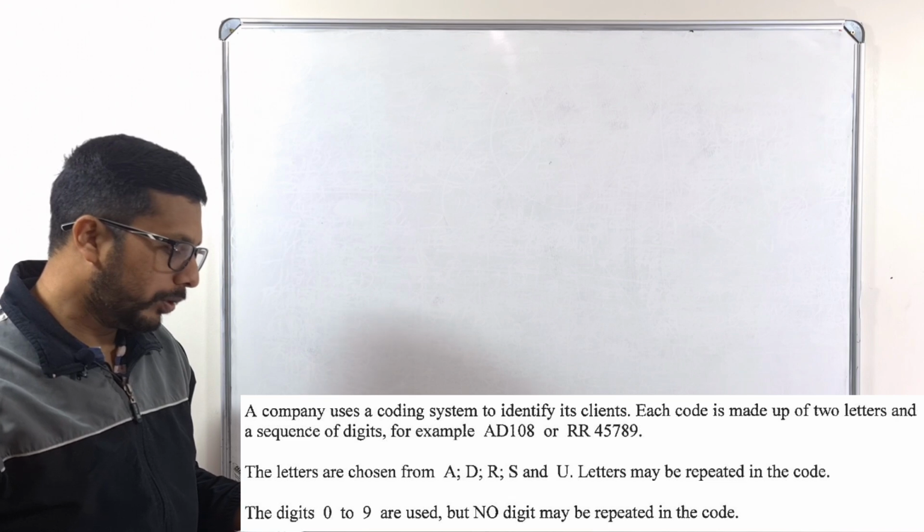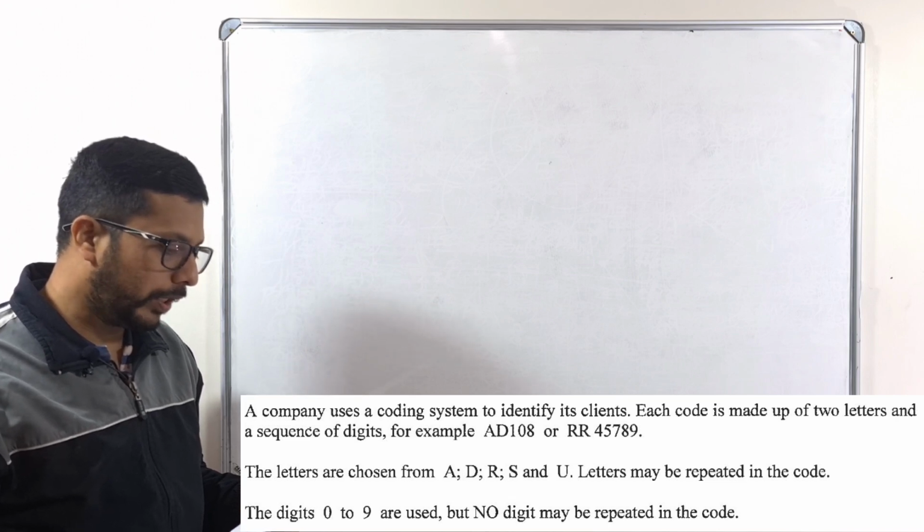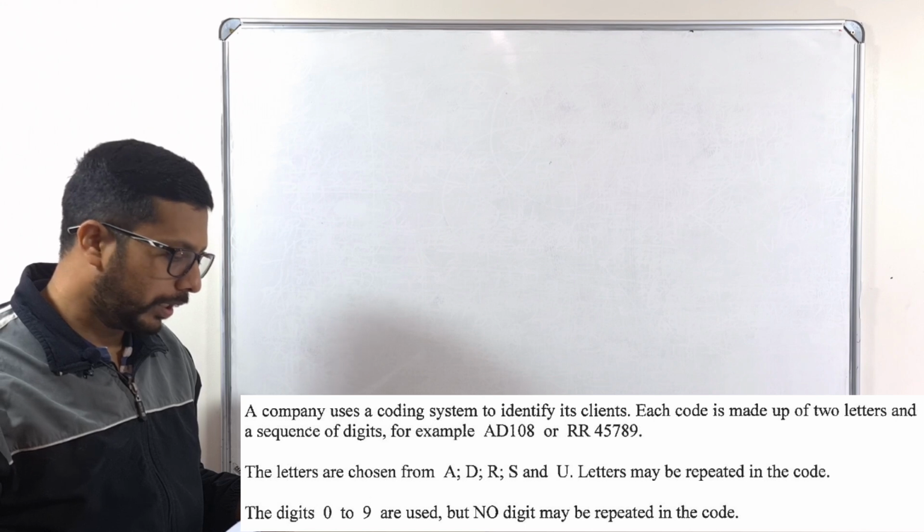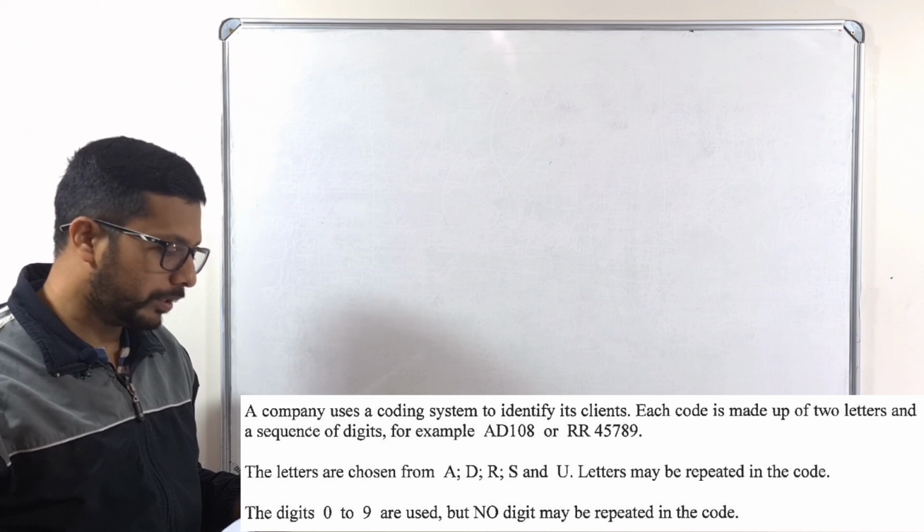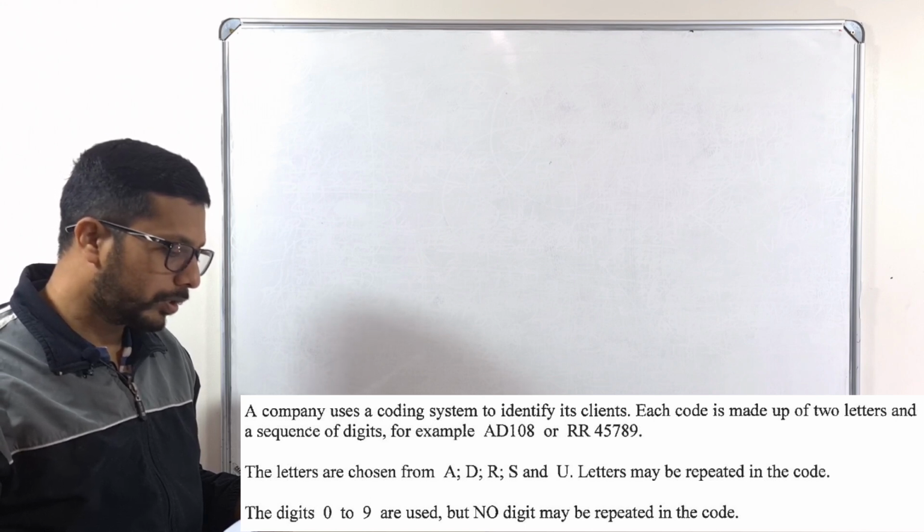A company uses a coding system to identify its clients. Each code is made up of 2 letters and a sequence of digits, for example AD108.